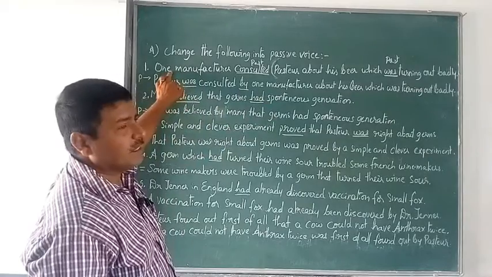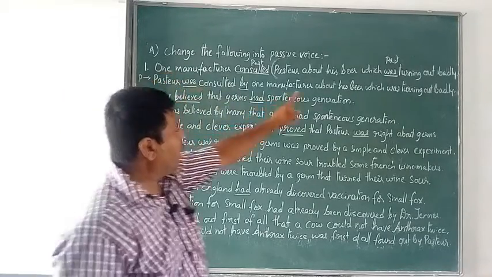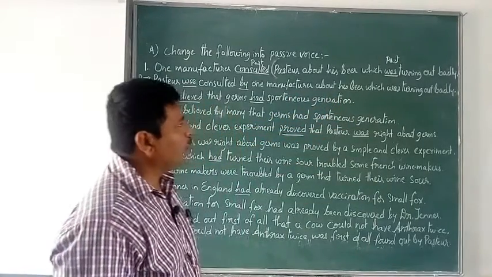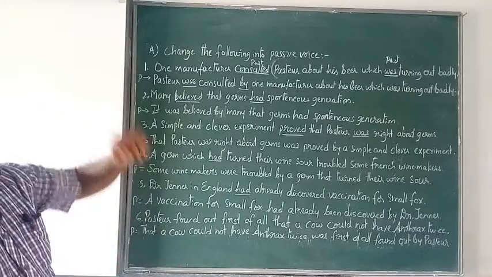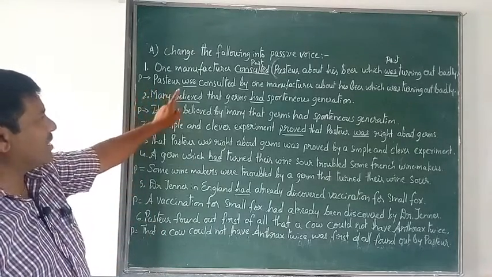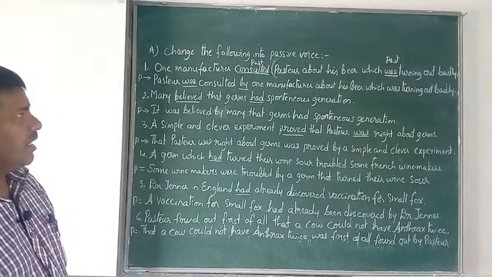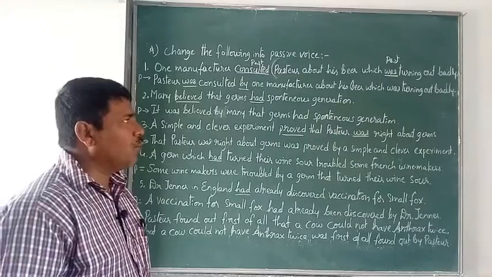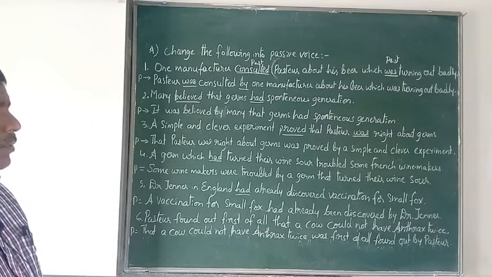Here the subject is one manufacturer, about his beer which was turning out badly. We check how this sentence begins. Understood? Pasteur was consulted by one manufacturer about his beer which was turning out badly. Am I clear to you?